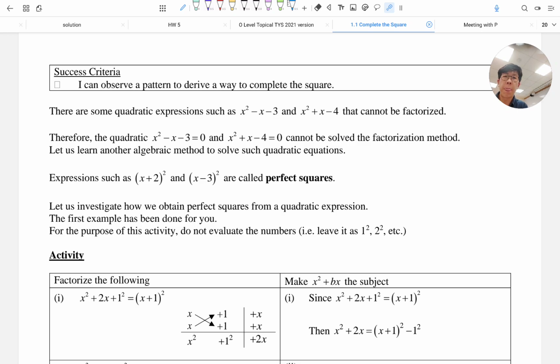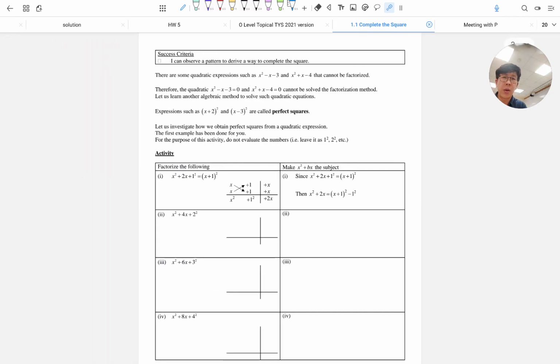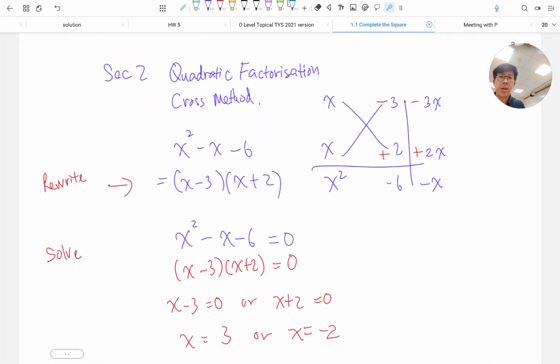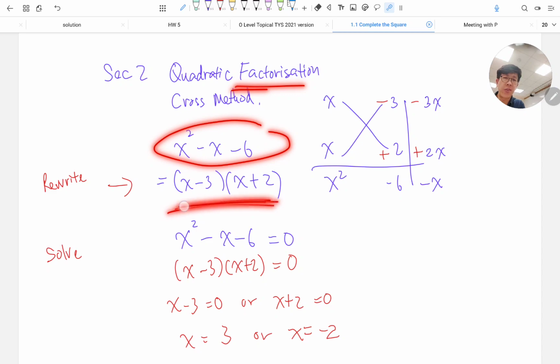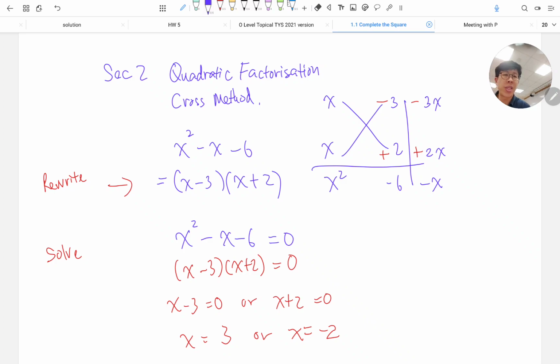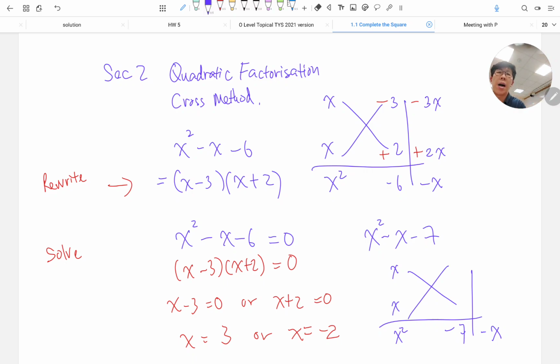First, remember just now I said that in Sec 2 we learned about quadratic expressions that could be factorized into this format and then solved. Now in Sec 3, however, you will start to encounter quadratic expressions like this: x squared minus x minus 7. No matter how hard you try, x times x is x squared, you somehow are not able to factorize it.